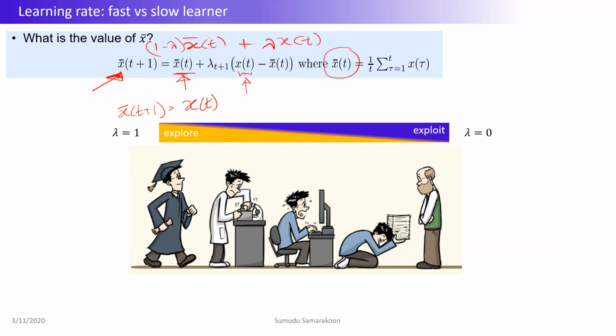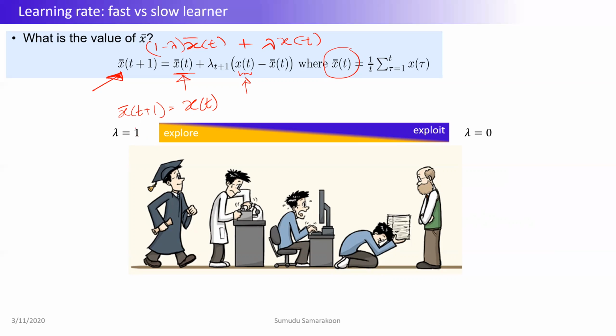So we simply neglect what we had already. We just take whatever we observed at time t as the new information. So that means we try to update our estimation with the recent knowledge. So we are exploring all new actions and take that information as the information that we would need to keep with us.